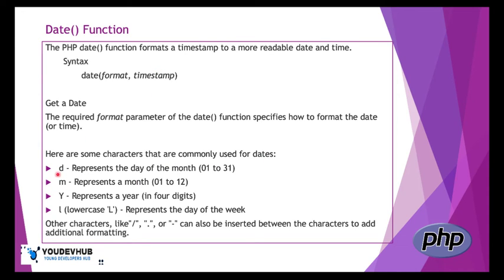Lowercase d represents the day of the month, from 1 to 31. If we put it in uppercase, it gives us something else. M represents the month, Y represents the year in 4 digits, and l represents the day of the week.